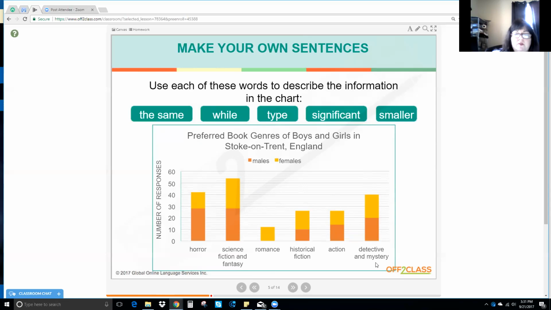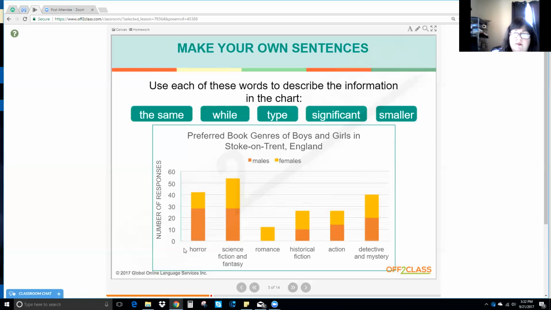Whereas boys only liked 5 of the categories. So what is significant here is that more girls seem to have responded to the survey in all categories than boys. In fact, it would appear nearly twice as many girls responded as boys, or a smaller number of boys responded than girls.